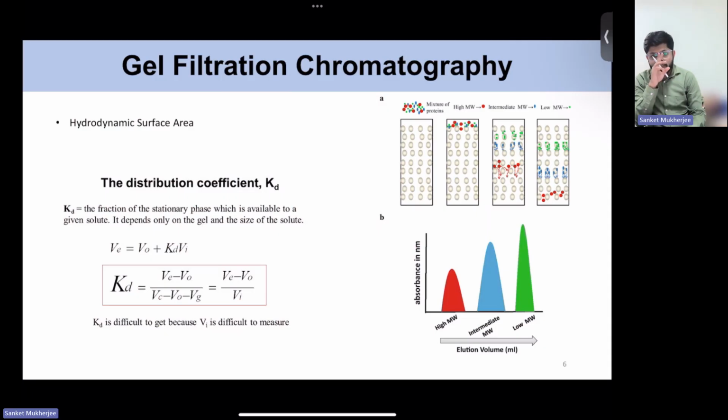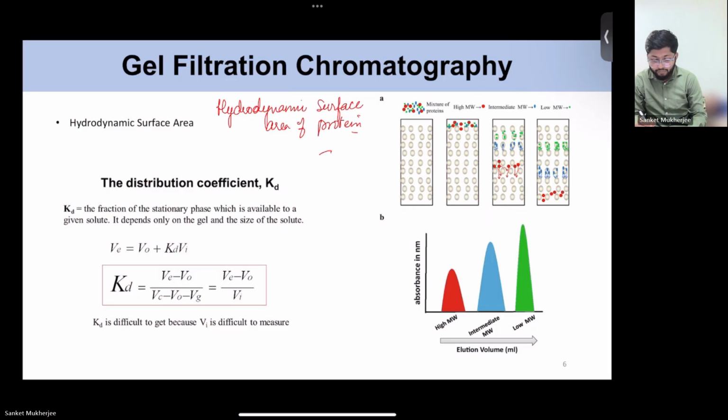Now, then there comes gel filtration chromatography. Again, it has been discussed. It is based on the principle of the hydrodynamic surface area of protein or enzyme in this case. So let's say a protein interacts and forms, let's say, dimers, then the hydrodynamic area is more than if it is in a monomeric form.